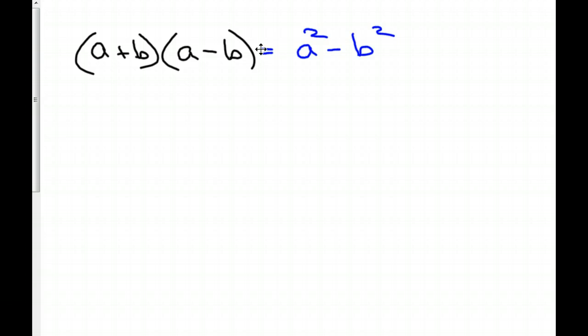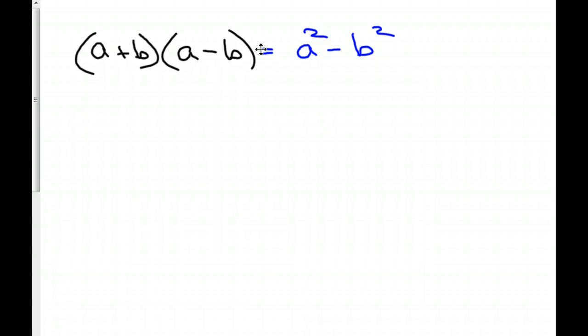So one of the things you would find out if you did enough of these, for instance, if I gave you 3 plus x and 3 minus x, a two-part number, a plus b and a minus b, and its conjugate.